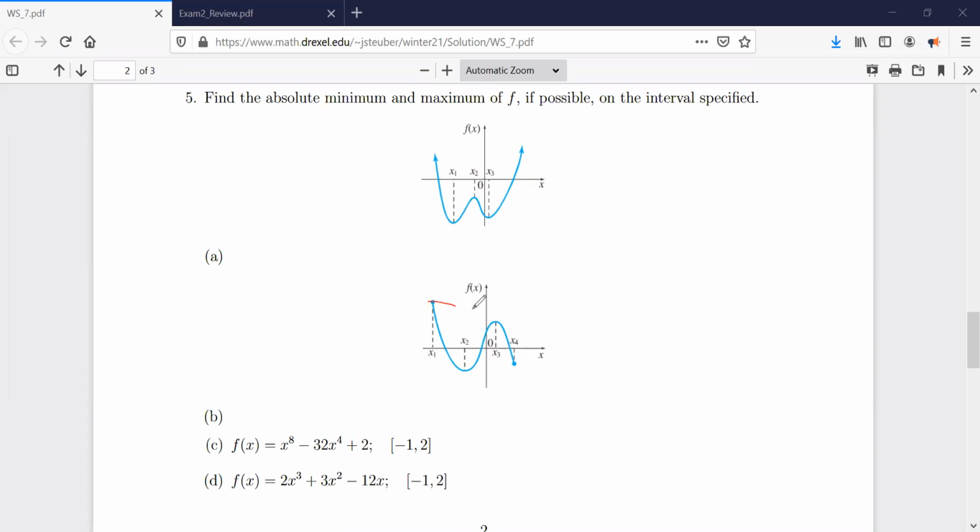Just by looking at the picture, x1 and x2 are going to be our absolute max and min respectively, and x3 and x1, although local max and min, are not the absolute max and min because obviously these points are higher and lower respectively. Does that make sense? Cool.